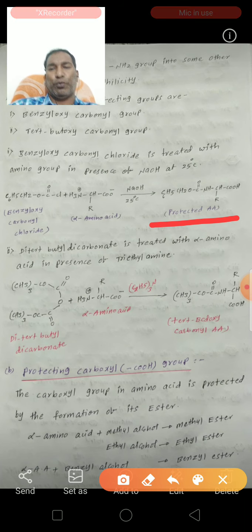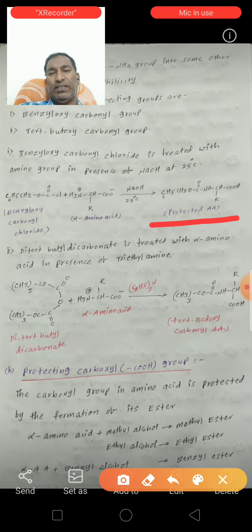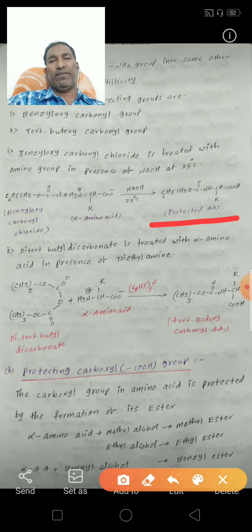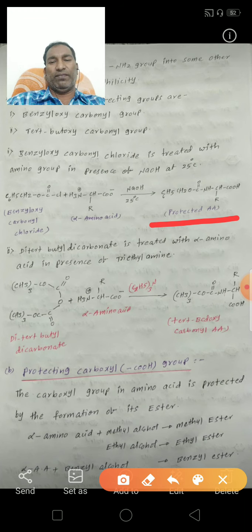So next one, protecting the carboxylic group. The carboxylic group in amino acid is protected by the formation of its ester. Generally the COOH group is protected by the formation of ester.